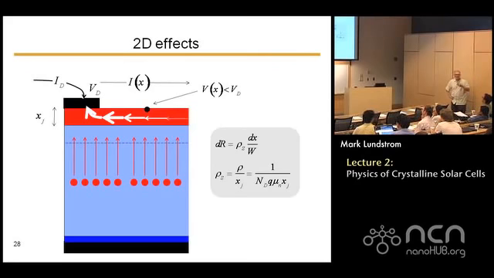And the magnitude of that drop is something that can be computed. In effect, when I look at the IV characteristic, it's going to act like a series resistance. But it's a little funny series resistance. It's a current-dependent series resistance because this is a more complicated current flow problem, but it's going to degrade the performance of the cell.